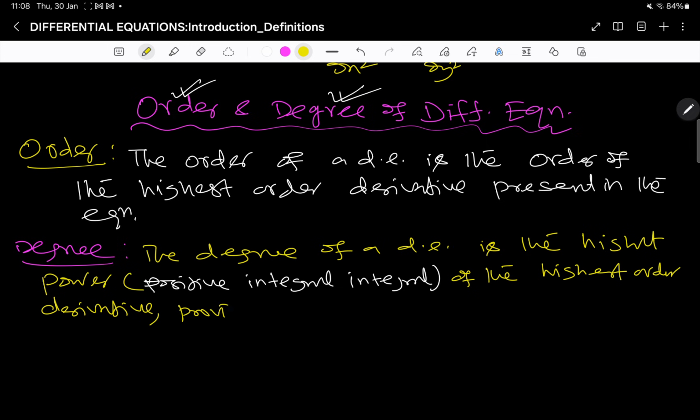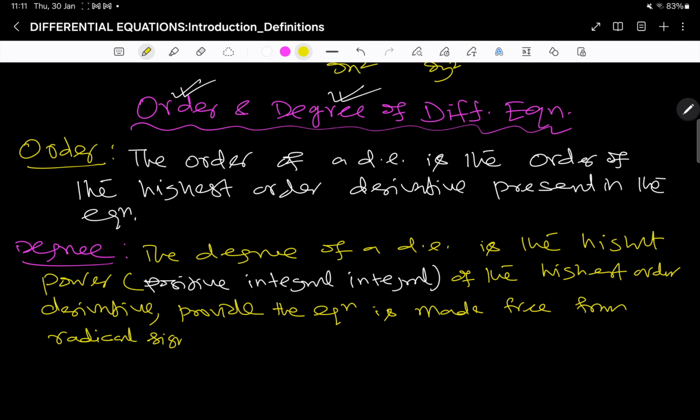provided the equation is made free from radical signs and fractional powers as far as the derivative terms are concerned.